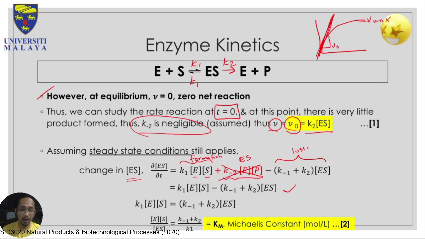This is where Km is written, which we call the Michaelis constant. The unit is mole per liter. You need to remember this, because instead of just using this K minus 1, K2 representation, it can also be represented by simply writing a big K and M.